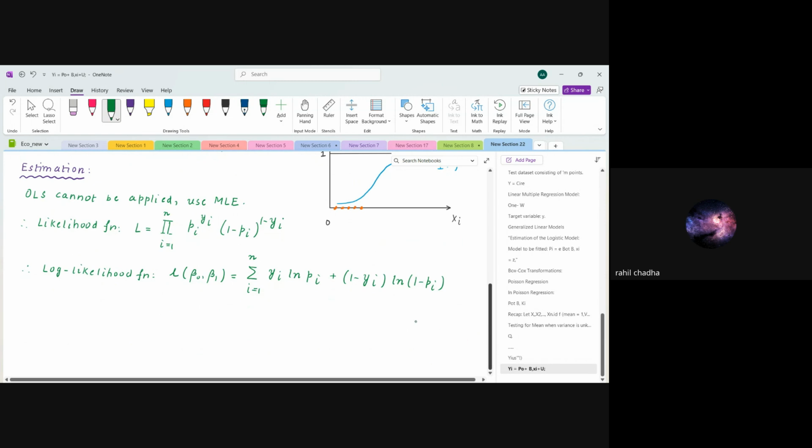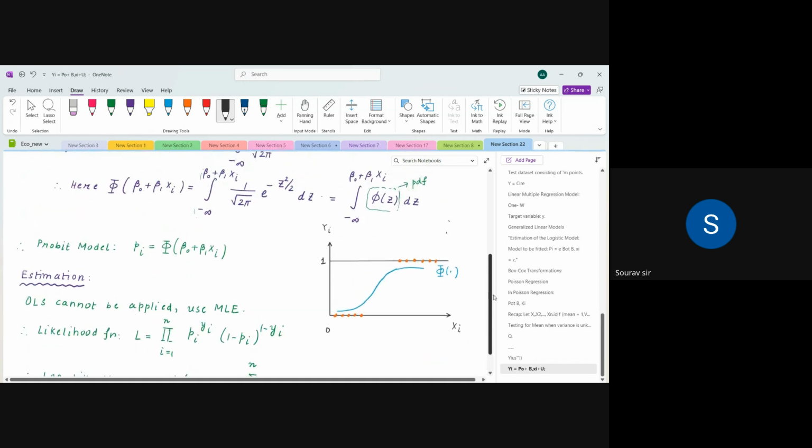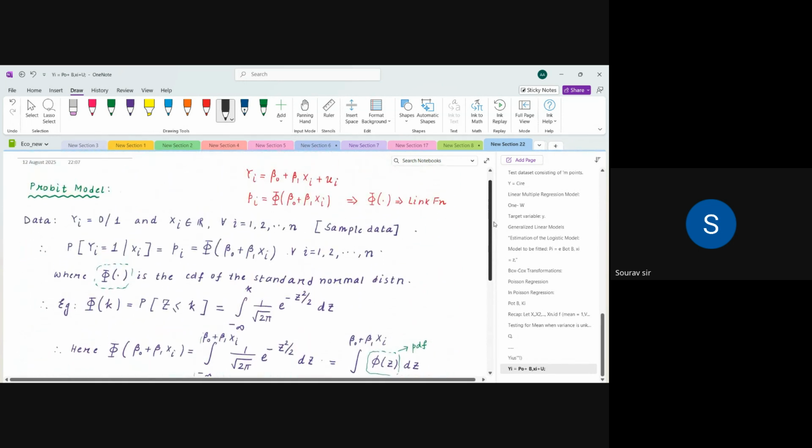Why is it 1 minus yi? Shouldn't it be n? No, it will not be n. This is Bernoulli, because any binary variable can have two possible outcomes, 0 or 1, and the probability of getting yi equal to 1 is pi.